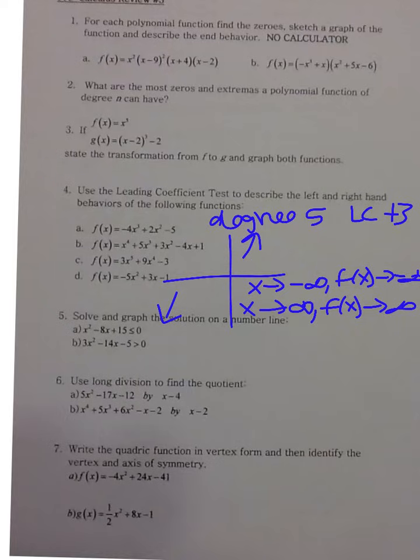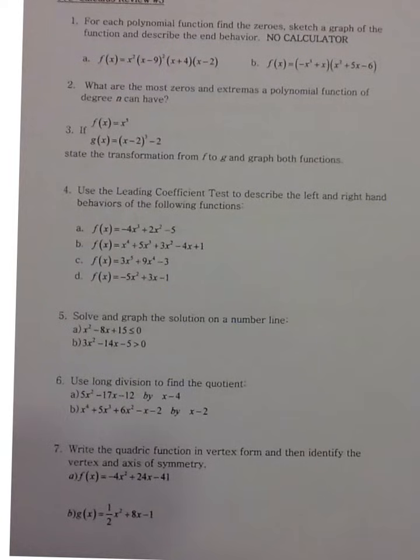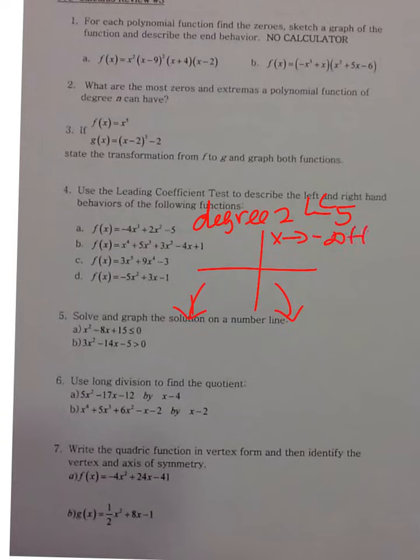And now let's take a look at D. The degree is 2, and the leading coefficient is negative 5. So it'll be down, down. As x goes to negative infinity, f of x goes to negative infinity. As x goes to infinity, f of x goes to negative infinity also.